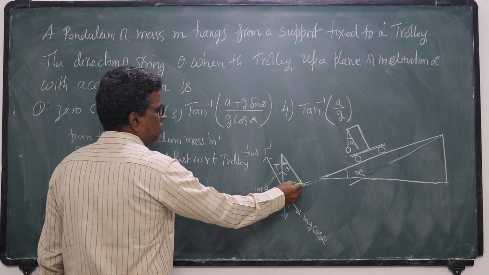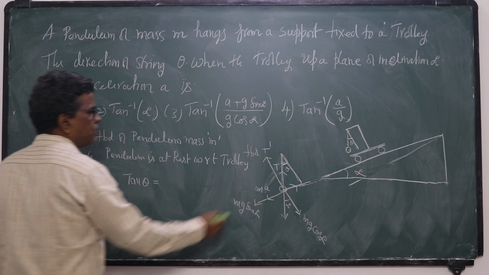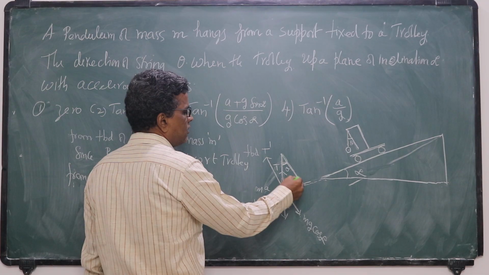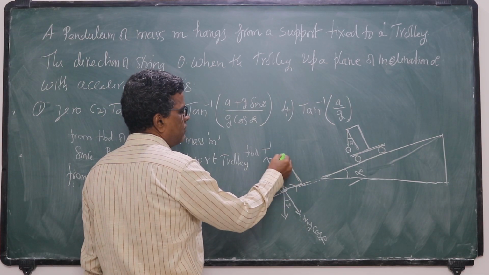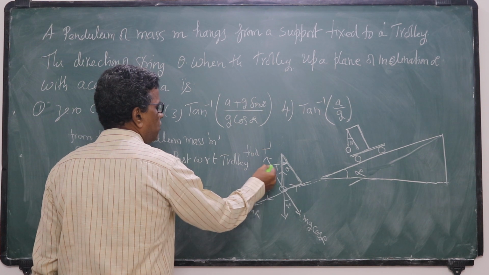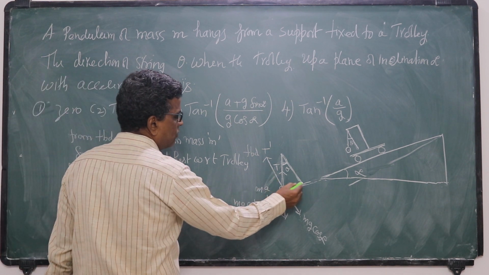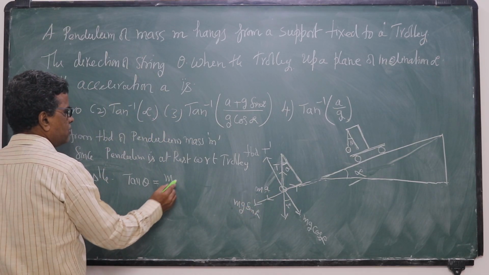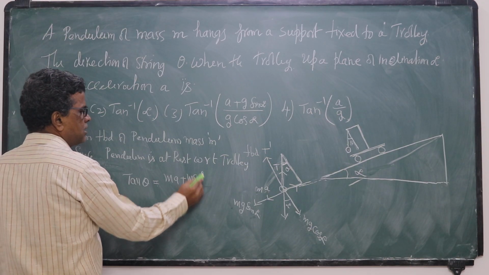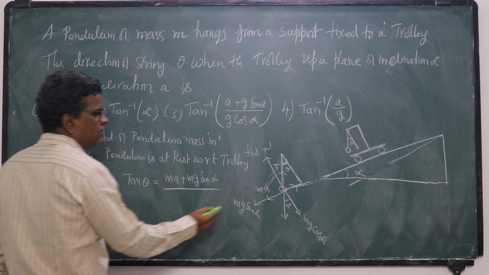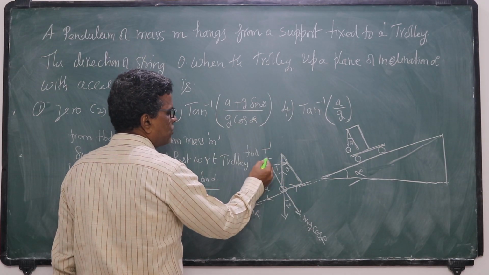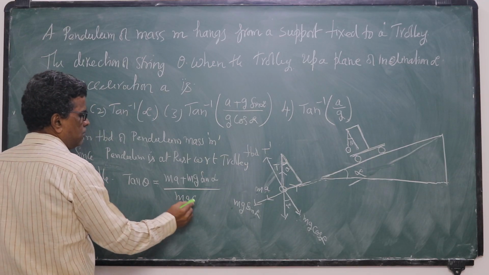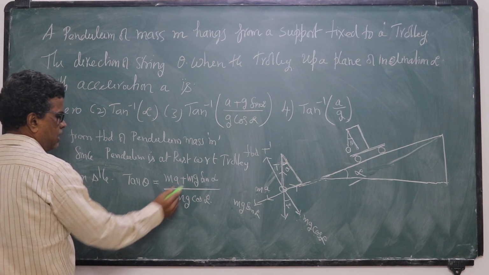what is tan theta? Opposite side by adjacent side. So what is the opposite side? The force acting in this direction is ma plus mg sin alpha. By, I am writing the force component in the other direction, the component of tension, that is balanced with mg cos alpha. m gets cancelled.